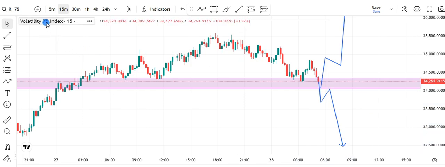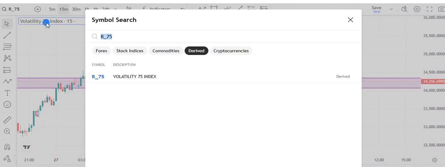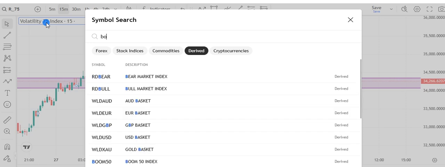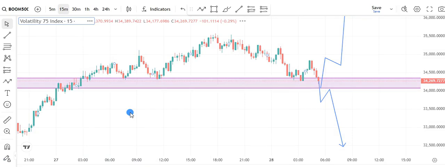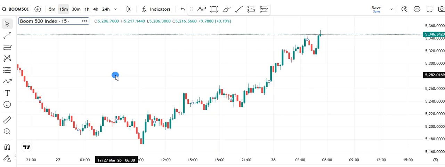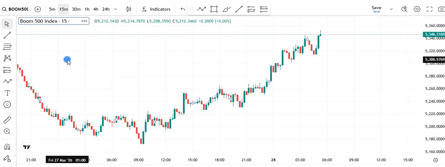Alright, so after Volatility 75, we go to the next one, which is Boom. Of course, we'll be starting with Boom 500. Okay, to the 4-hour chart.